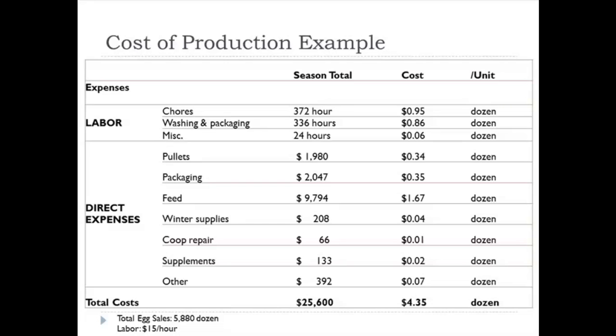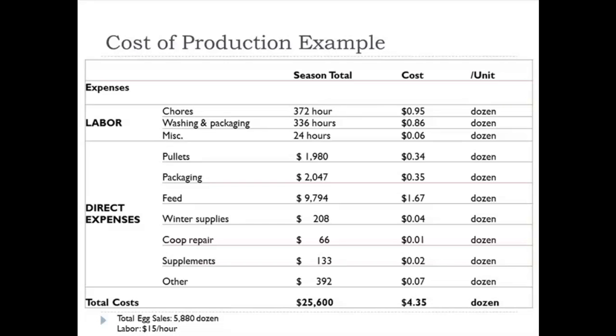They also had a tracking for how much they spent on the pullets, packaging, feed, winter supplies, coop repairs, and all the other expenses. At the end of the day, they saw that they spent $25,600 on all the expenses related to producing eggs.